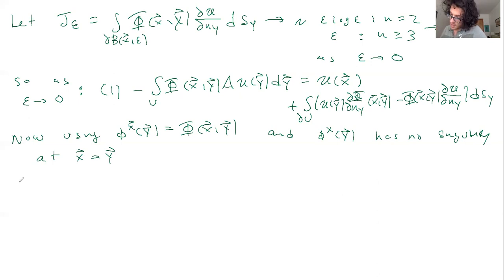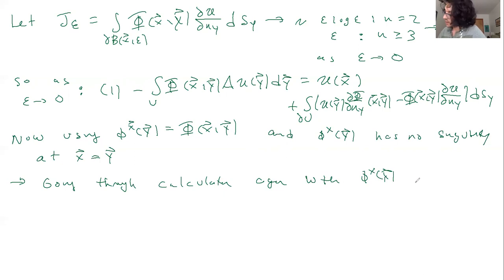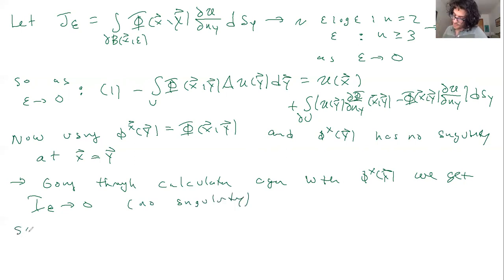And if we go through the calculation again with little phi of x, y, we get that I epsilon goes to 0, because we have no singularity for our little phi of y.